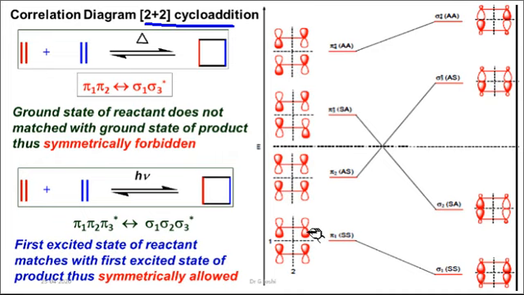Therefore, we will have four pi orbitals, and these four pi orbitals will give us, after connecting, the four sigma orbitals of the product. We'll assign symmetry according to the previous slide, sigma V and sigma H, as mentioned here. This is plane 1, sigma H, and plane 2, sigma V.